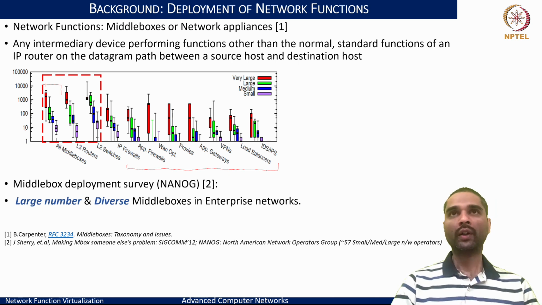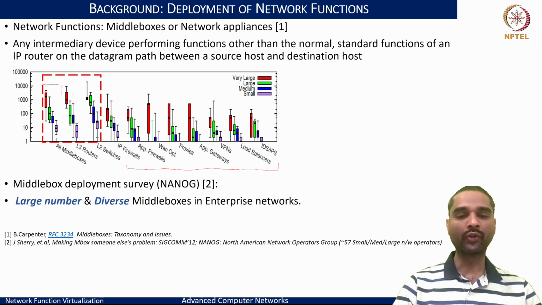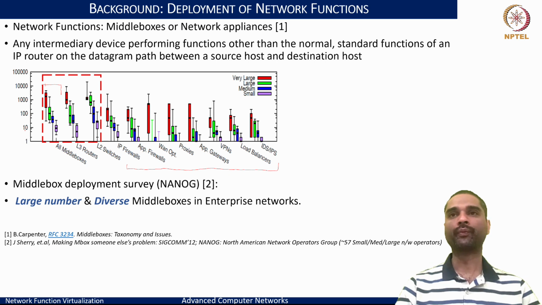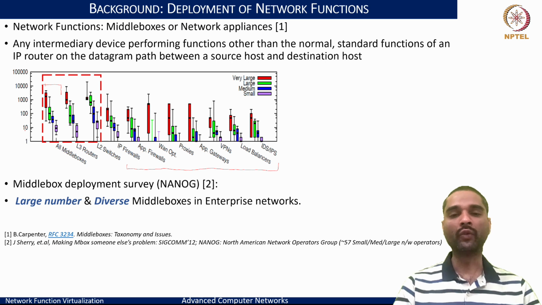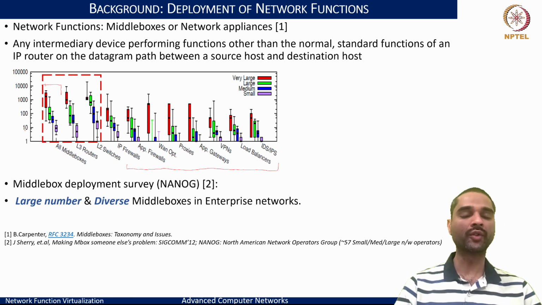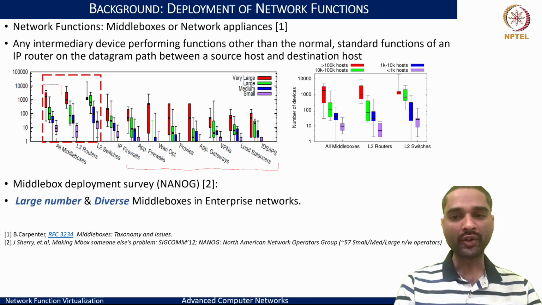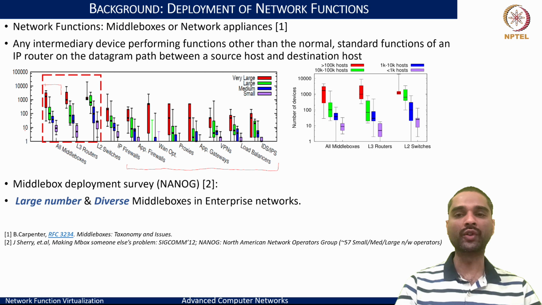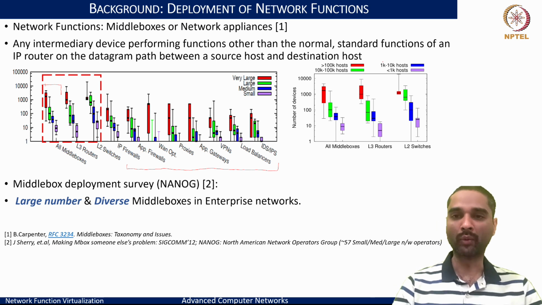And here, these middle boxes are also coming in a variety of types, right? And when we look at why exactly we need them, they serve different purposes and different functionalities. If we zoom in now into just the left-hand side, we can clearly see that the number of middle boxes in the order of thousands to tens of thousands in very large networks is seemingly very common.